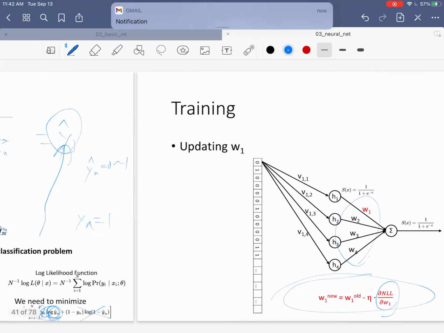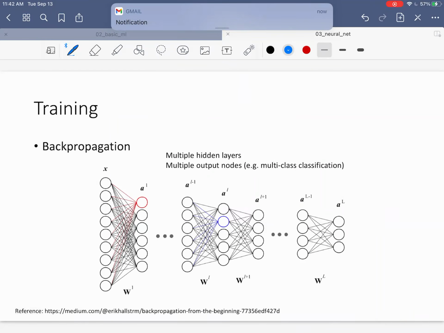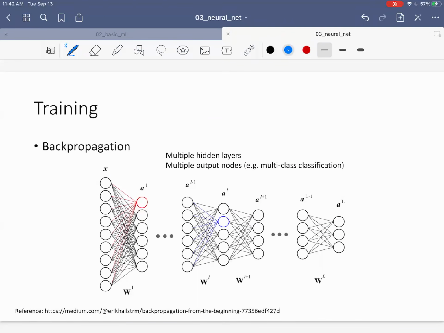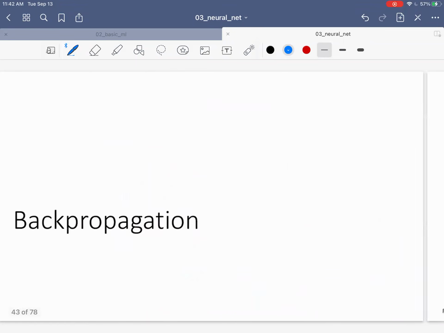Alright, moving on to backpropagation then. Backpropagation is, well, everybody should know what backpropagation is when you're trying to train a neural network. It's a very general principle. Backpropagation can be used even when your neural network has a lot more layers than just one hidden layer like this. Here we're using only one hidden layer, but here you can see that it's been generalized.